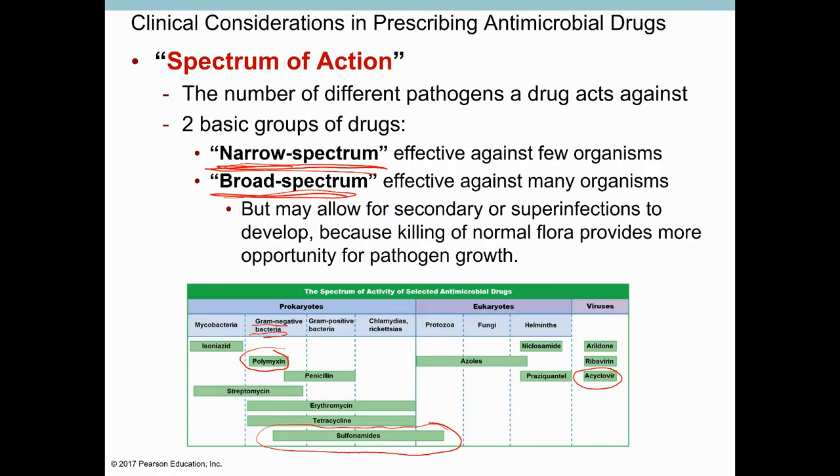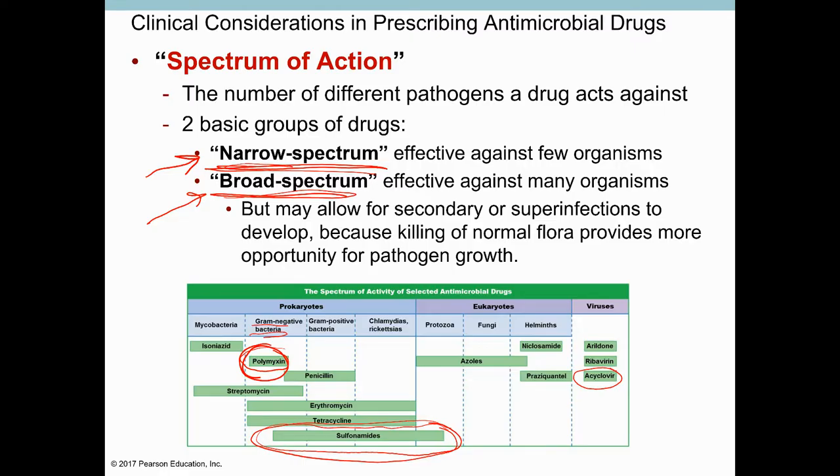But on the test, I'll pick something that's either very narrow or very broad spectrum, maybe give you a chart like this and ask you about a particular one, maybe polymyxin, and you would need to recognize that because it only affects one subgroup of the prokaryotes, it is referred to as narrow spectrum. Something that is effective against many groups would be called broad spectrum.